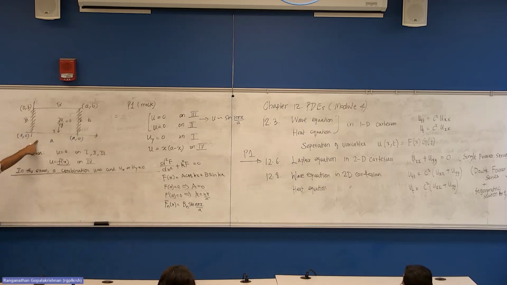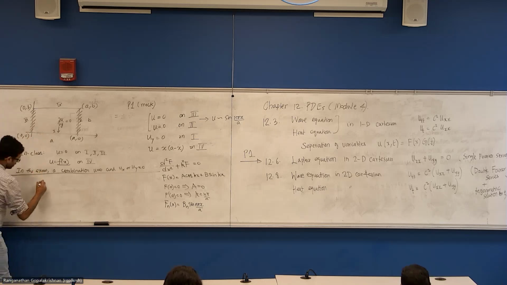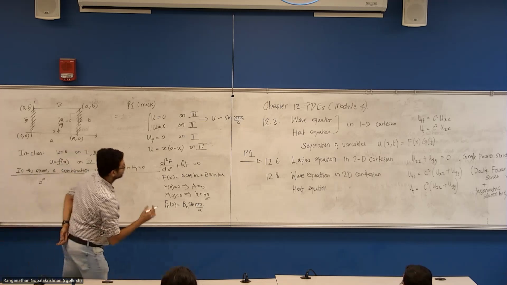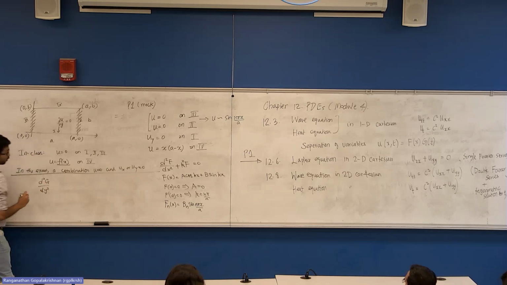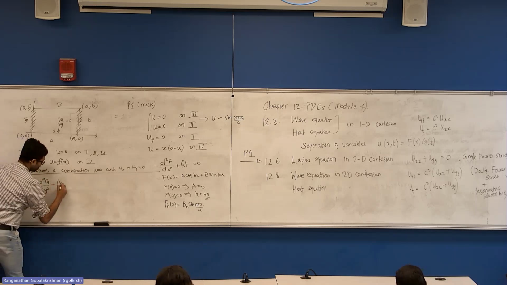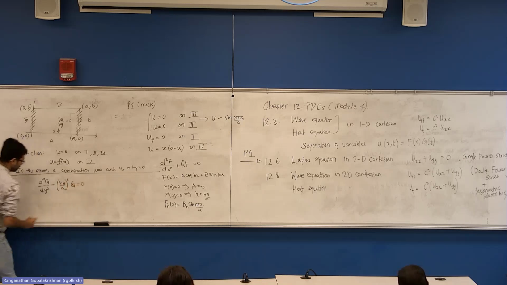The other boundary condition has partial u over partial y to be 0. Okay, so what is the other equation? You have, let's call it g, d squared g over dy squared minus n pi over a squared times g equal to 0.